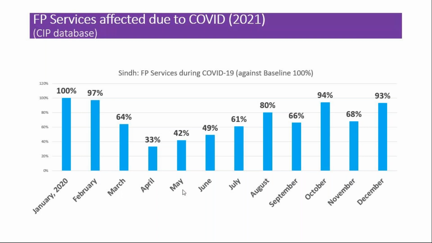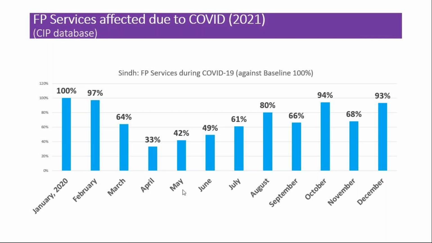But later on, these improved as we were able to control the COVID. So then we improved a little, and then finally we reached the highest level of provision of family planning services.